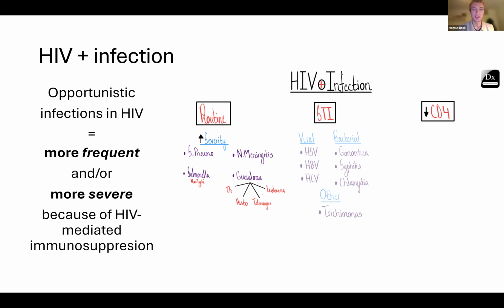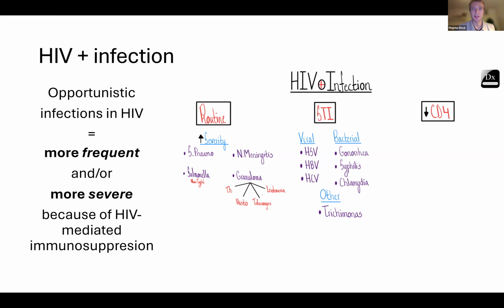And again, these different diseases may present with a more severe presentation. These are the usual ones we think about: viral etiologies like herpes and hepatitis, and then also bacterial diseases like gonorrhea, chlamydia, and syphilis.